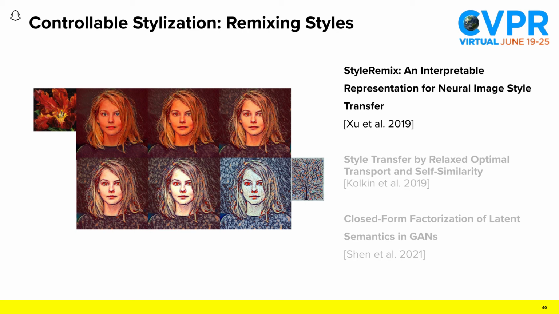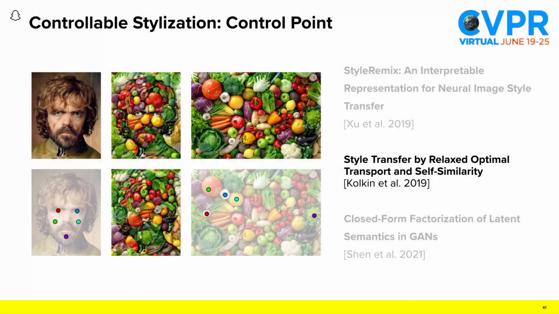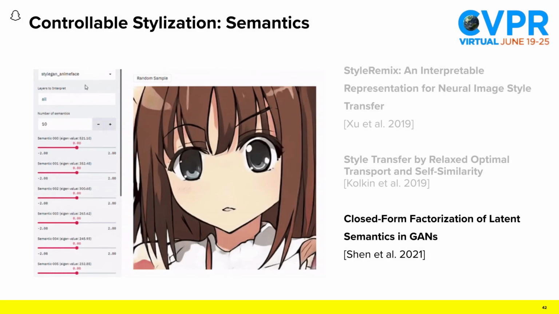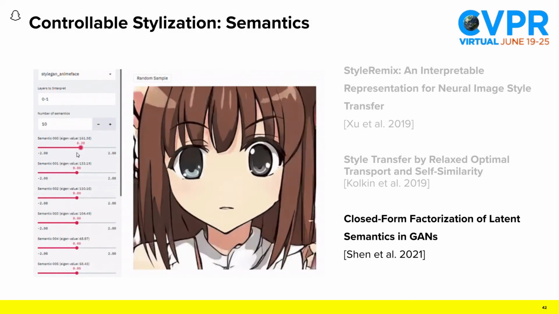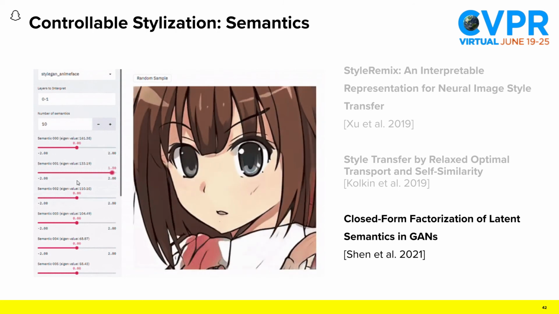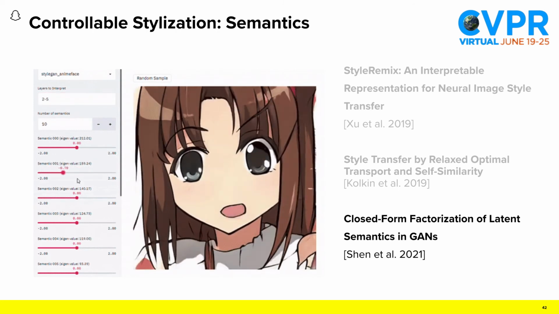Currently, such control is realized as interpolation factors between styles or ways to control how much style is wanted, or more local controls with key points or masks for annotating sparse correspondences, or with some semantic attributes so users can change some semantic factors.